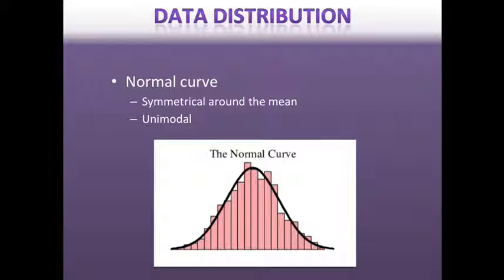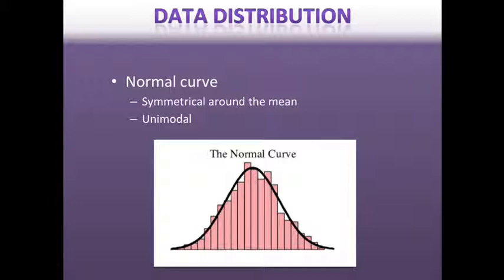Now, the assumption of a normal curve is that it's unimodal, so there aren't multiple peaks in it, and also that it's generally symmetrical around the mean, that it doesn't tail off on one end or the other.